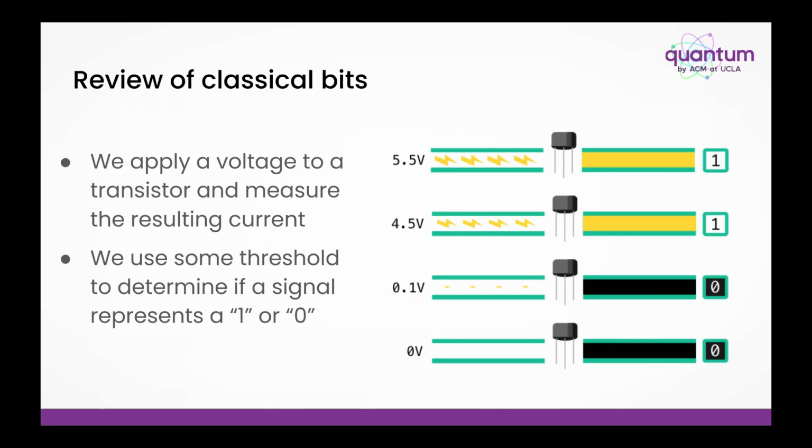In order to use bits as objects of binary logic, we apply voltage to a transistor and measure the resulting current. After measuring the current, we use some pre-decided threshold to determine if a signal represents a 1 or a 0. For instance, let's say that we decide the threshold to be 1 amp. If we apply voltage and measure the current to be above 1 amp, the bit represents a 1, and if it is below 1 amp, it counts as a 0.